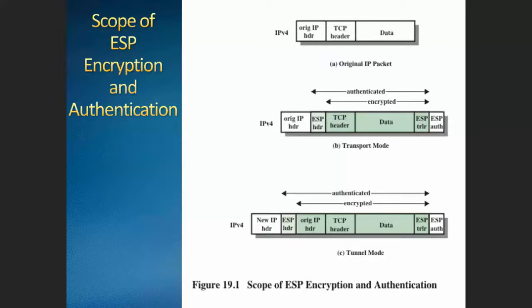So here we have the scope of the ESP encryption and authentication. Here you have your IP version 4, the original IP header, then you have the TCP header and your data. This is in the transport mode.